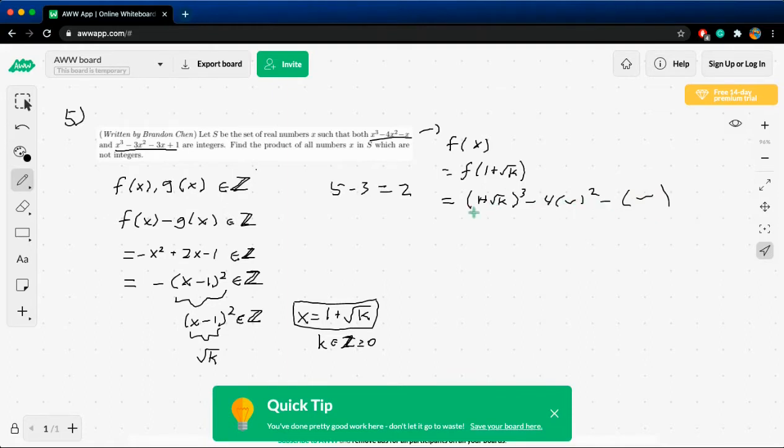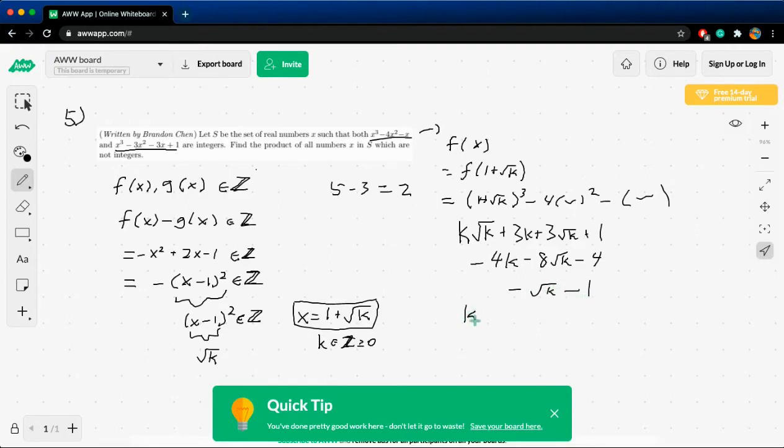And at this point, you can just expand it out using traditional algebra methods. So it's k root k plus 3k plus 3 root k plus 1 for the cube term. And then for the square term, it's minus 4k minus 8 root k minus 4. And then for the last term, it's minus root k minus 1.